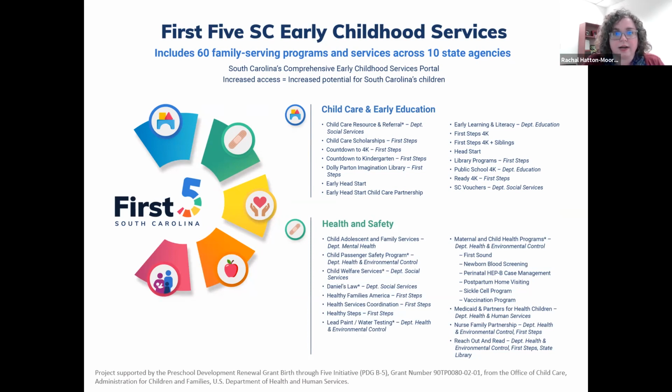And so right now we're actually building that screener and trying to have it as simple as possible for families so that it doesn't take them much time to find out an array of services that they're eligible for, and to get them as close to enrollment as possible based on the information that they input.